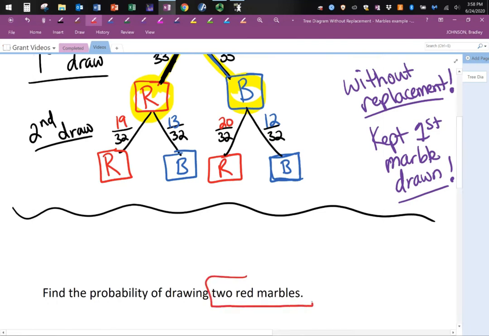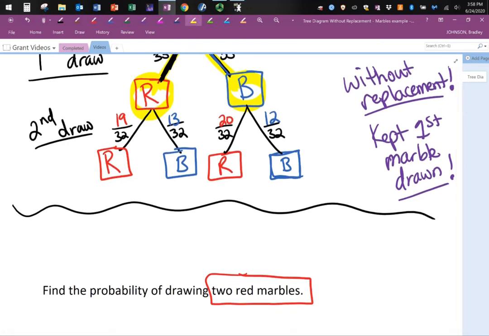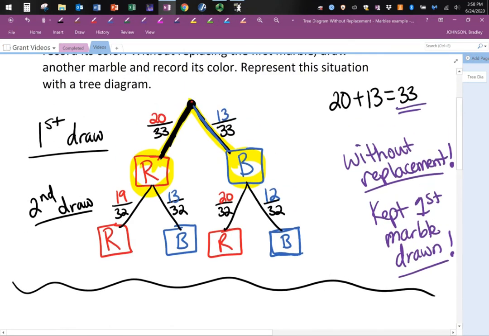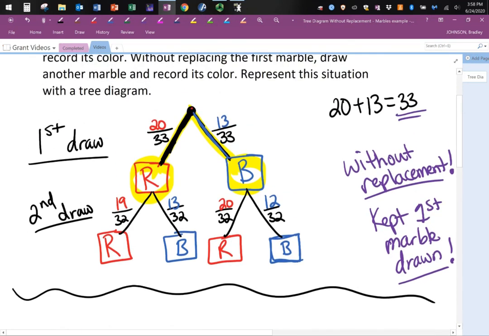Okay, 2 red marbles. So in order for that to happen, the first draw and the second draw would both have to be red. So I'll highlight this with green. So getting 2 red marbles, well, this is how the tree branches help us. We start here at the beginning, and then we move down.